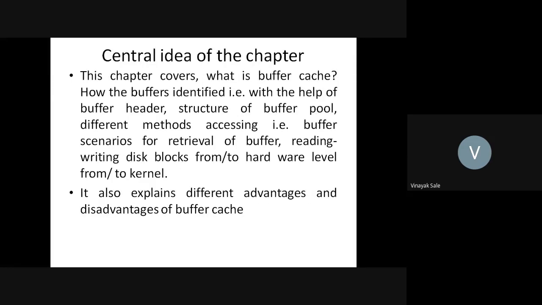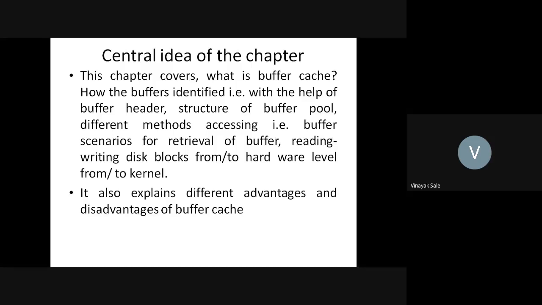What is the central idea of this chapter? This chapter covers what the buffer cache is, how the buffers are identified with the help of the buffer header, the structure of the buffer pool, different scenarios for the retrieval of a buffer, and reading and writing disk blocks from hardware level to kernel level or from kernel level to hardware level.